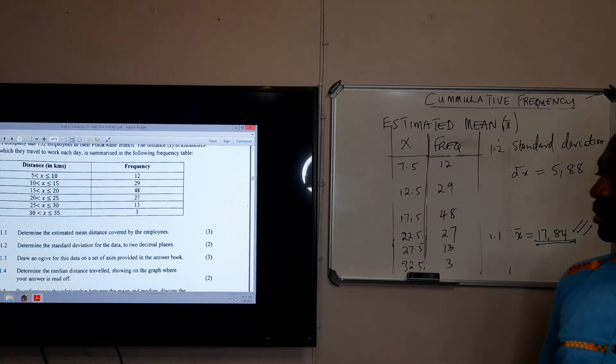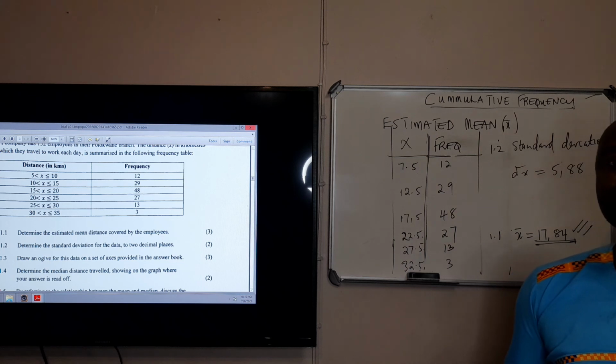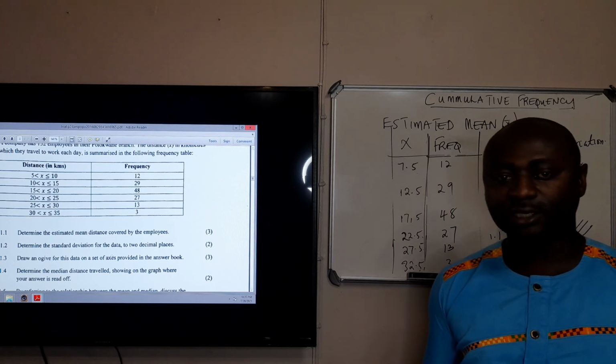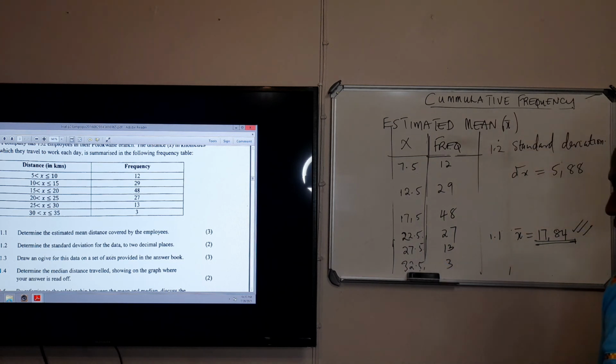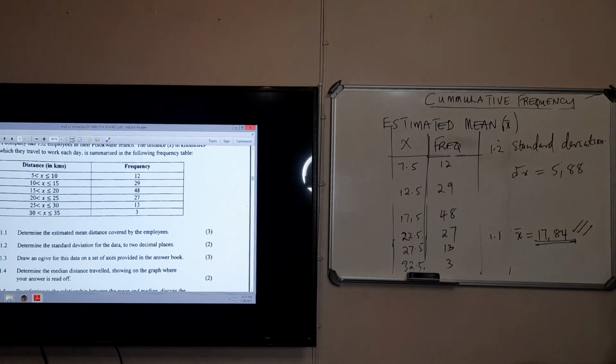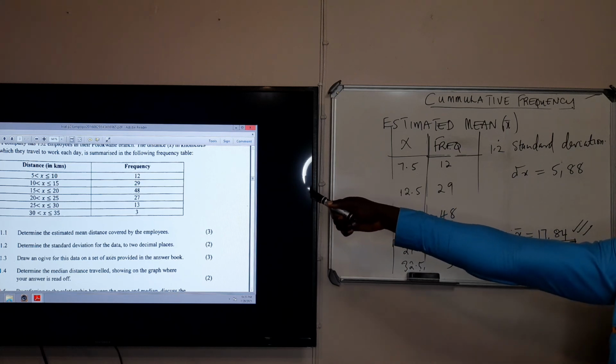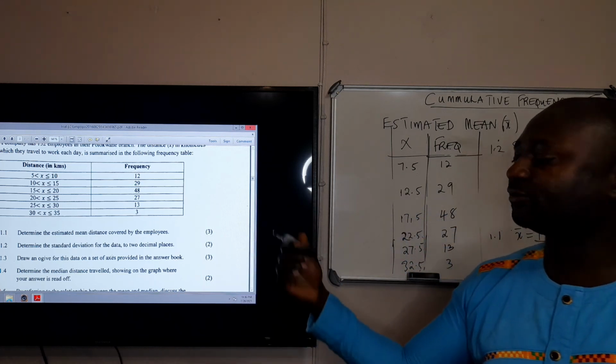The next question would ask you to draw the ogive. The ogive is the same as the cumulative frequency curve. So now that we know how to calculate our estimated mean and our standard deviation from grouped data, this is not raw data like we give you 20, 30, 35, whatever.